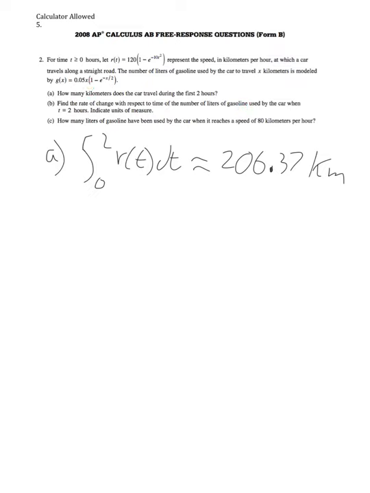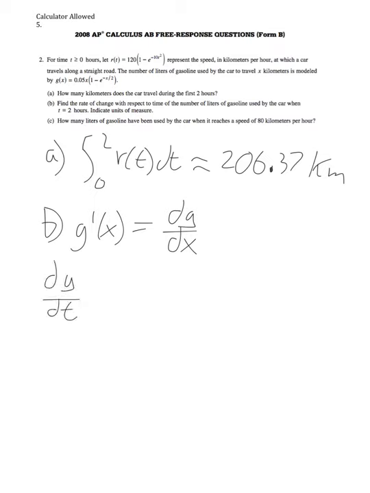But G prime of x is really dG/dx, and that's not what I want. I want dG/dt. That's what we want, the rate of change with respect to time of the number of liters of gas.